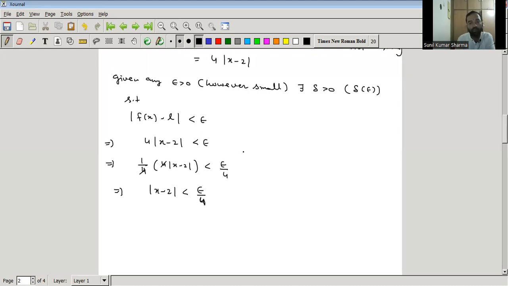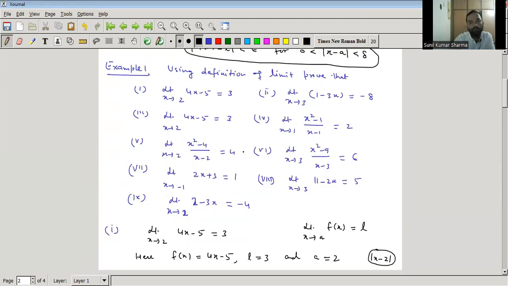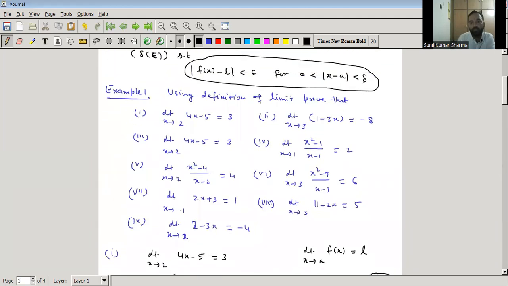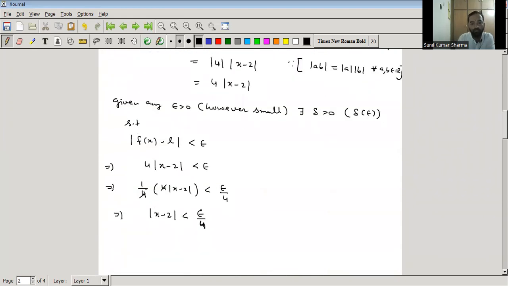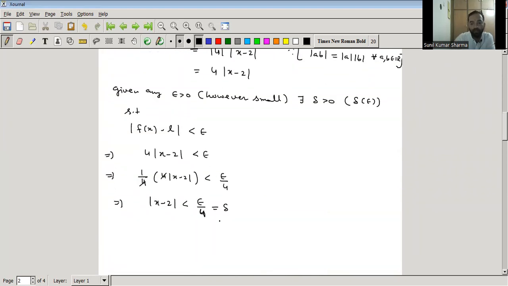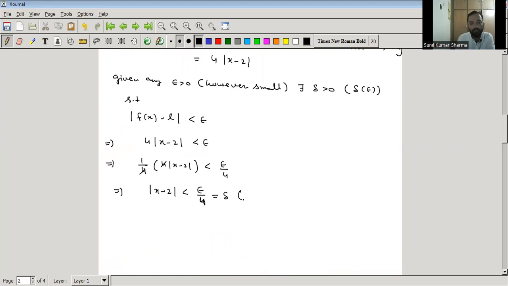So now our objective is to find mod x minus a less than delta. If we take delta equal to epsilon by 4, then by definition of limit, mod fx minus L is less than epsilon for mod x minus 2 less than delta, where delta is equal to epsilon by 4.